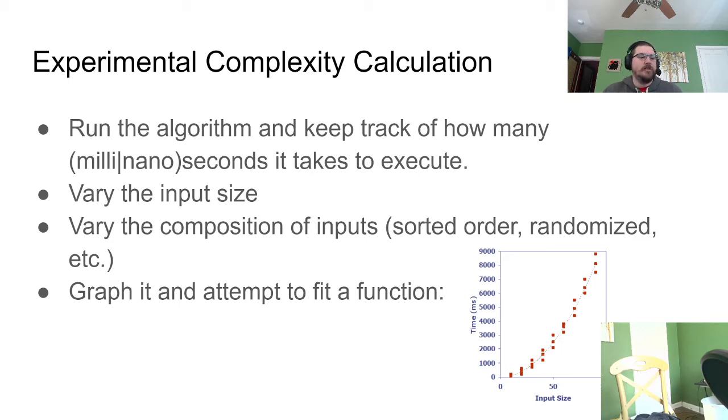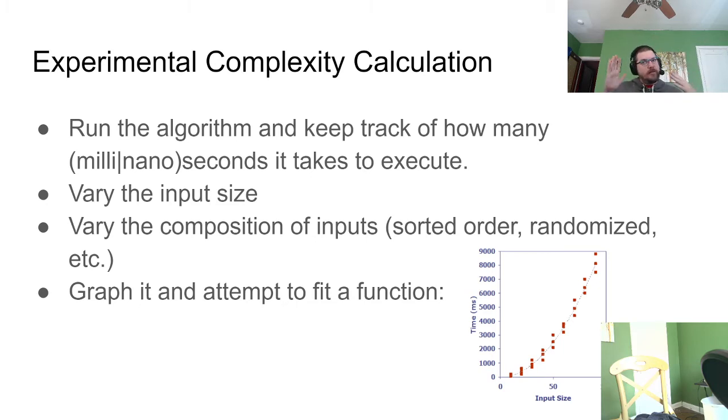There are two different ways to figure out the time complexity of an algorithm. One way is to just run it a bunch and measure how long it takes. In this graph in the bottom left corner, we have time expressed in milliseconds on the y-axis, and the x-axis is how much input there is.